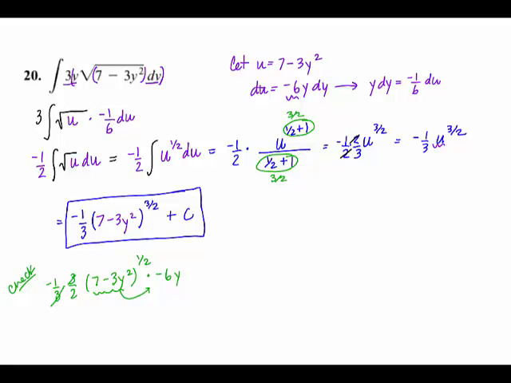The 3's cancel, and 6 divided by 2 is a 3. And the negatives make a positive. So here we have 3y times 7 minus 3y squared to the 1/2. Exactly the same as the integrand we were trying to find the antiderivative for. So we did a good job. We made a correct selection, substitution, and antidifferentiation.